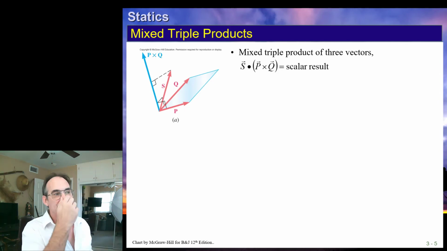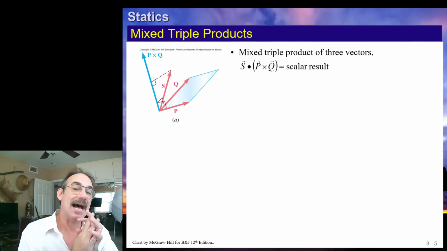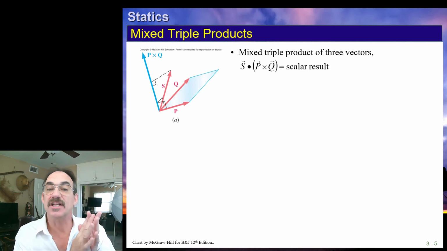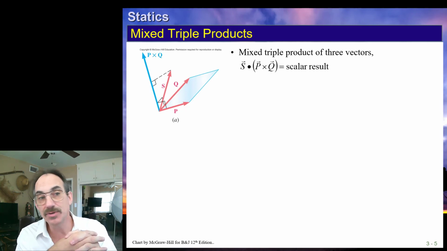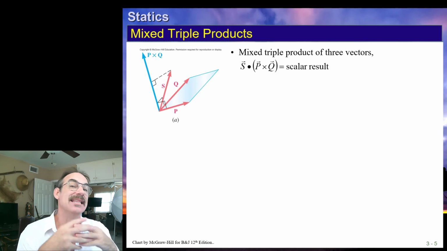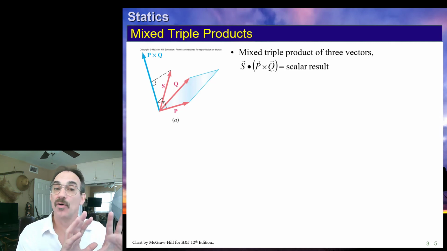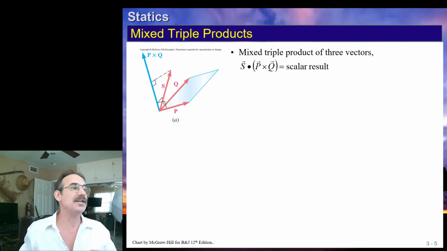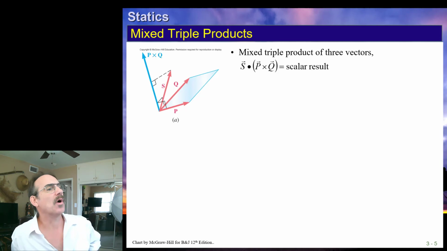Okay? This is used for a number of things. Once again, engineering applications, and we're going to find a couple special uses for this mixed triple product in statics. So if you've mastered cross products and mastered dot products, all you need to do is follow the order of operations rules, and this will work. Once again, P cross Q is going to give us a vector that is perpendicular to both.